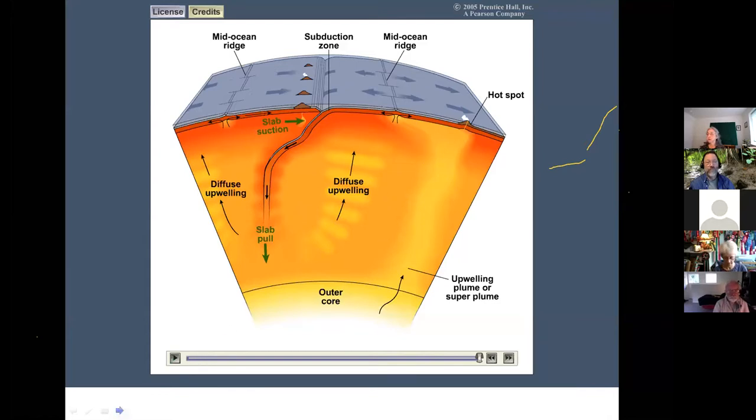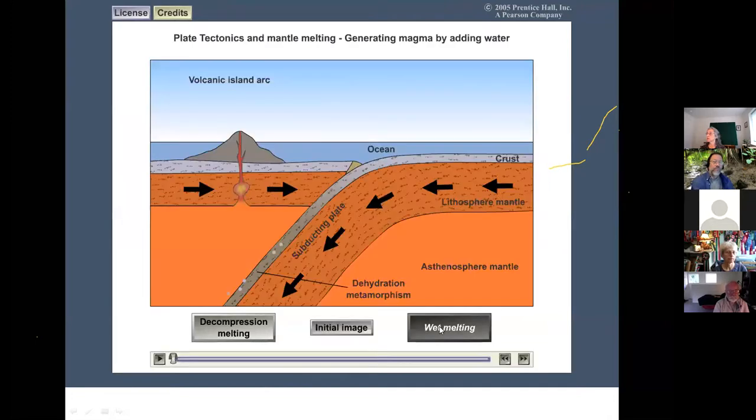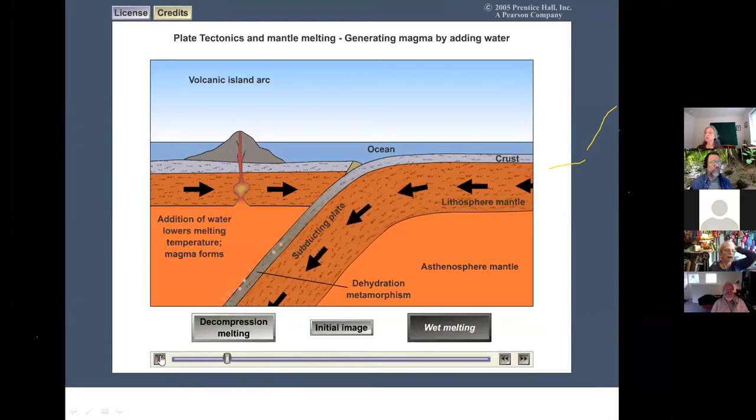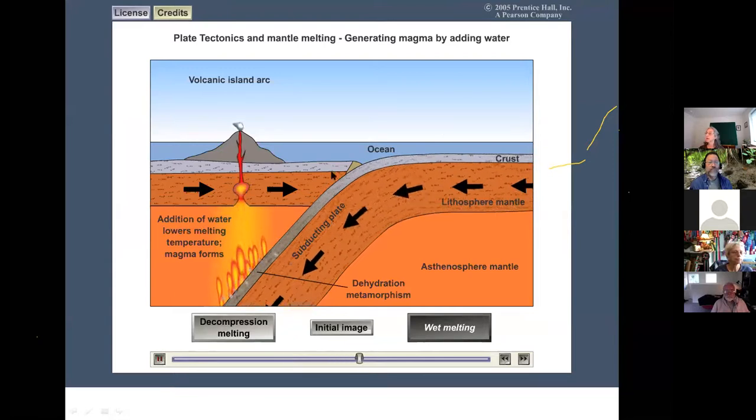It's kind of cool. And then another one that I want to show you is a good one for the origin of the Cascades and what we think of as your typical volcano. This is for the very beginners in geology. This is one of the coolest things. We've got one plate diving under another.